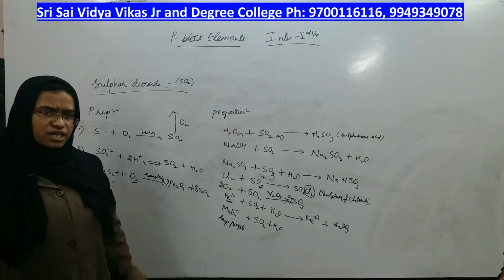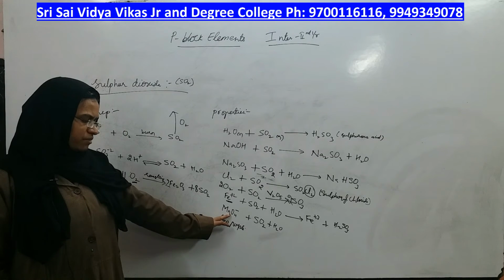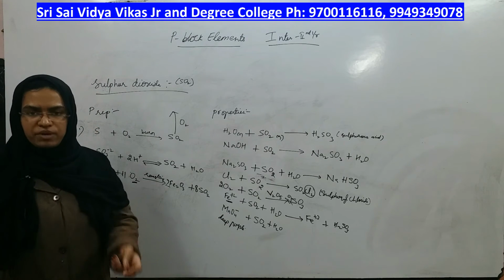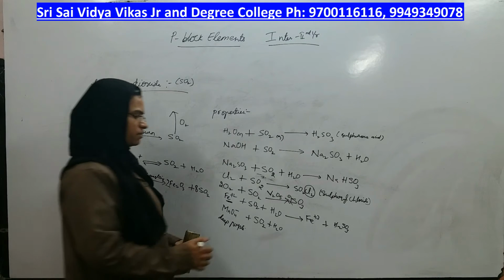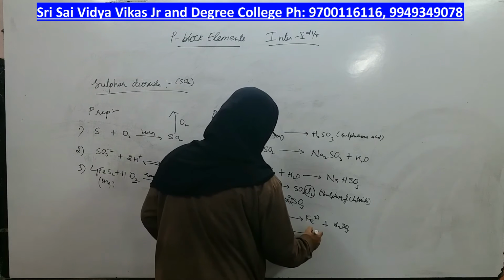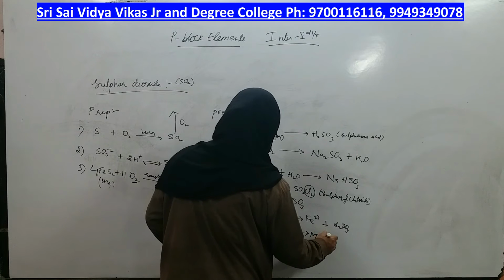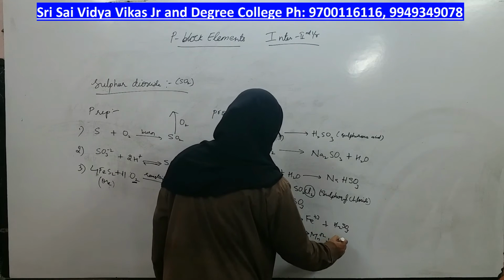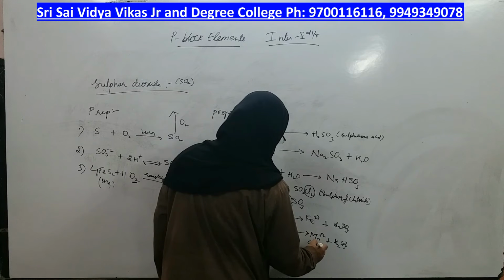It will convert potassium permanganate into Mn plus 2. That means Mn plus 2 doesn't have any color. Mn plus 2 is colorless.